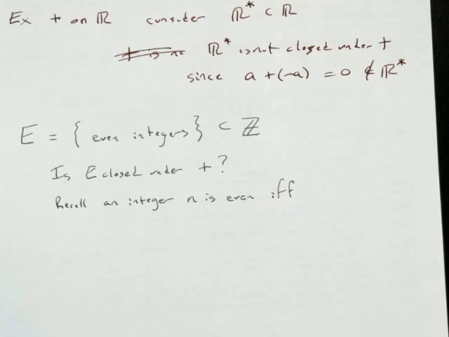Definitions are if and only if statements. What's it mean to be even? n equals 2k, where k is any integer. So the definition of being even is that you're an integer multiple of 2.